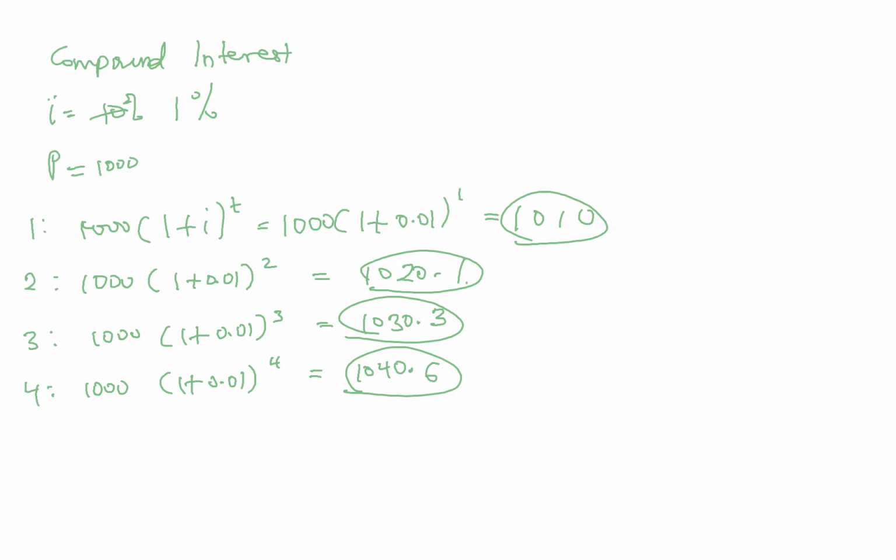The difference between these two, 1020.1 minus 1010, is 10.1. So the 1,000 cedis earned this interest of 10, and then the 10 cedis of interest here earned this interest of 0.1. So here we see that apart from the principal earning interest as time progresses, the interest earned for every period also earns interest. Okay.